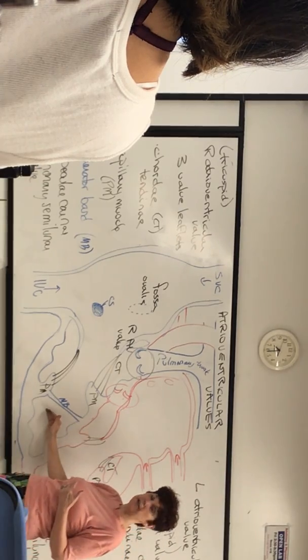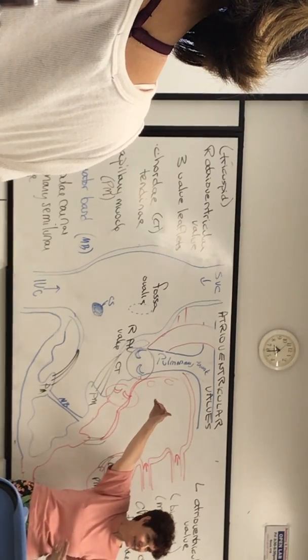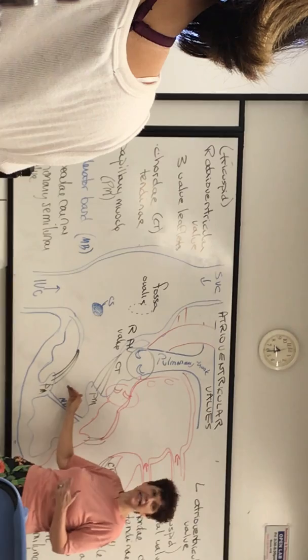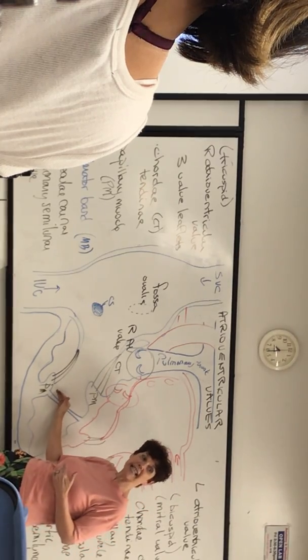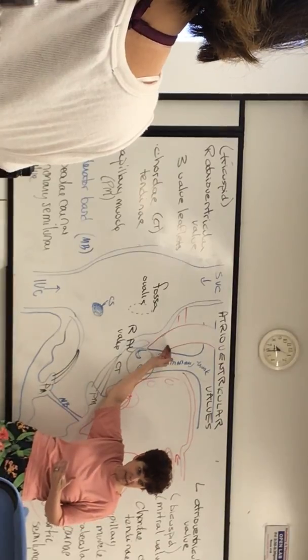Right-sided congestive heart failure: if we have 70 mils coming from the left ventricle out to the body, then that same amount is coming back into the right ventricle. But if you can only pump out 60 to the lungs, then we're going to have more coming in than is going out. Does that make sense?